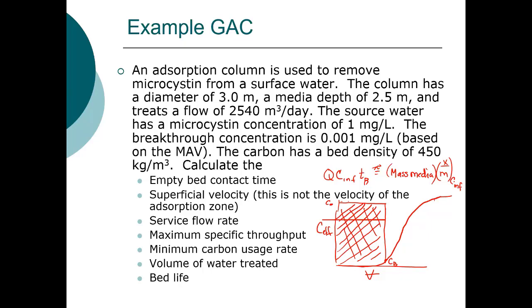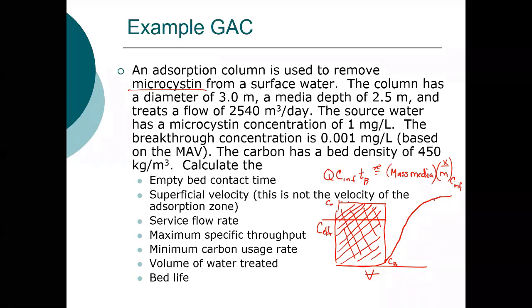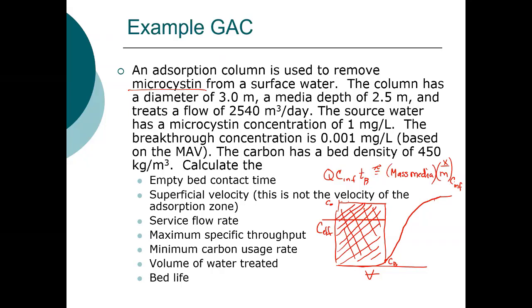So in this case, again, we have an adsorption column. This is used to remove microcystin, which is an exotoxin produced by blue-green algae. It is what shut down the Toledo plant about 4 years ago. It shut it down for 3 days because of the microcystin concentrations in the raw water. So the column has a diameter of 3 meters, depth of 2.5 meters.